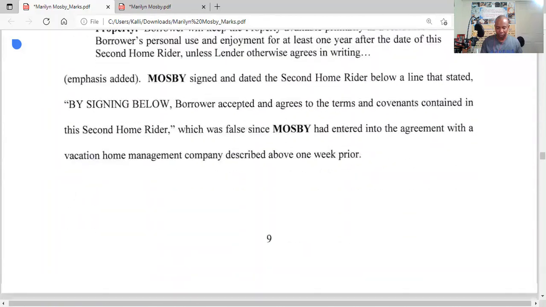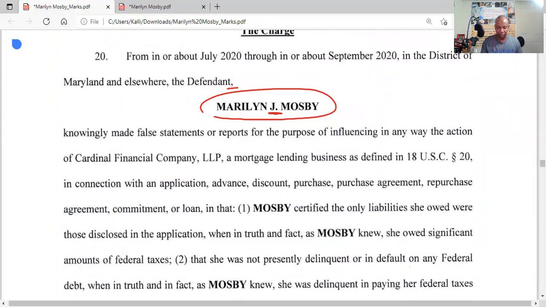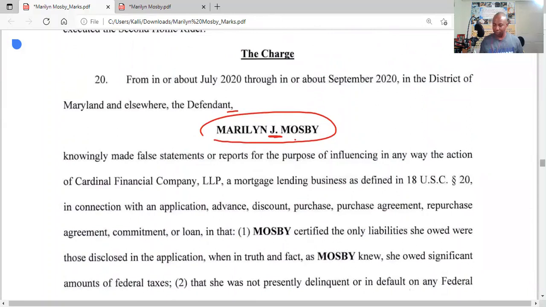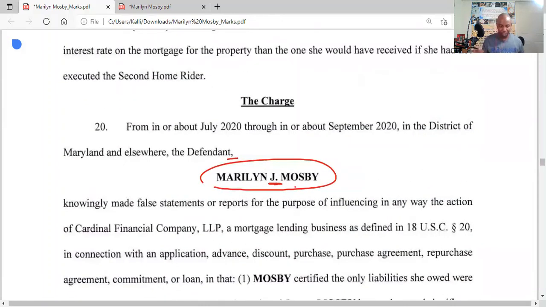And I'm just trying to see if I see any other. Okay, here they put the J back, right? Now, this is important. Let me speak on this particular part right here. If you're reading in fiction or reading at a second grade reading level, you would say from in or about July 2020 through in or about September 2020, in the District of Maryland and elsewhere, the defendant, and then you would think that this is connected to that.